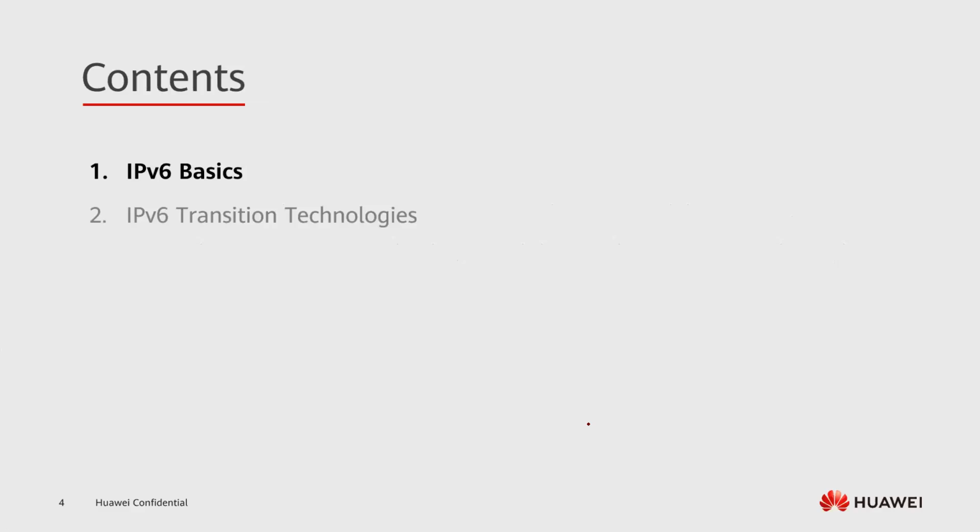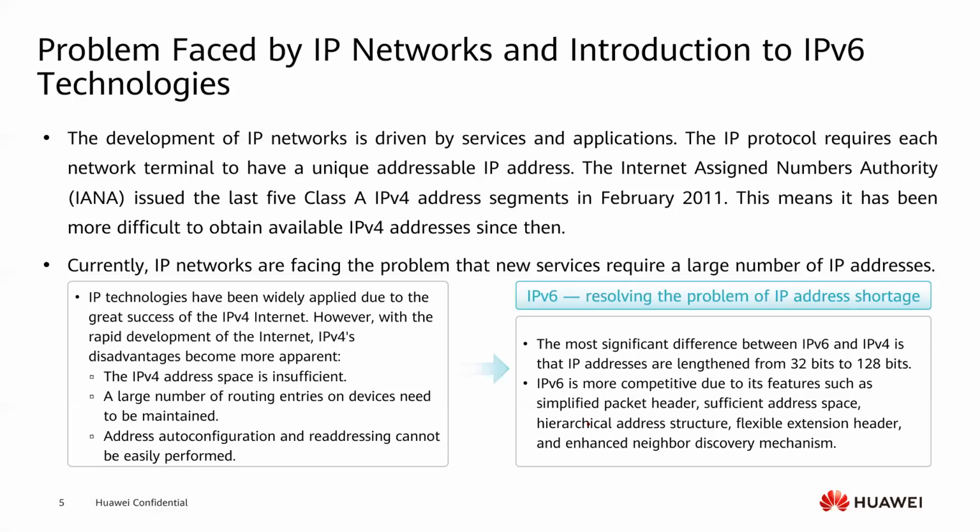Okay, so the first part is about the v6 basics. What's the problem with v4? IANA showed the last 5 class A IPv4 address segments in February 2011. I think all of you know this information.